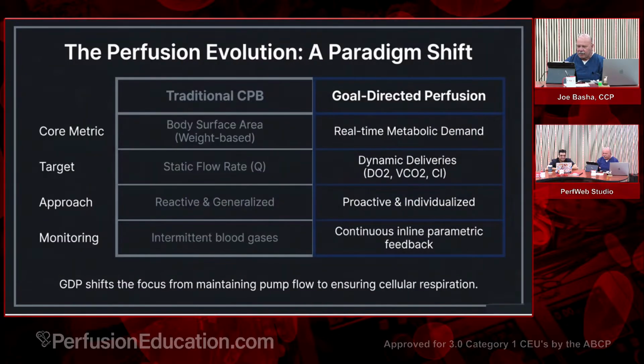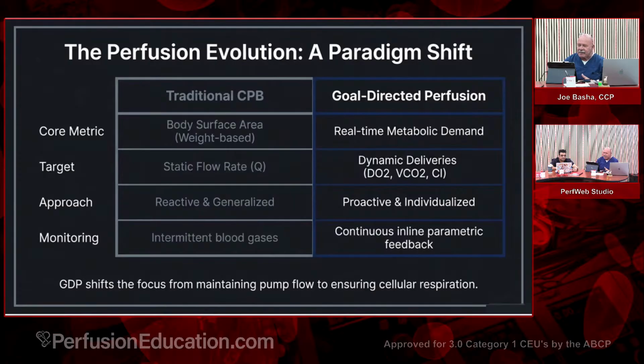So traditionally we go by weight-based BSA. Our target is a flow calculated off BSA. We are generally reactive and generalized in our approach, and we do intermittent blood gases. In goal-directed perfusion, depending on what your goals are, and everybody can have their own goals, you want real-time metabolic demand variations in your perfusion, in what your minimum perfusion flow should be.